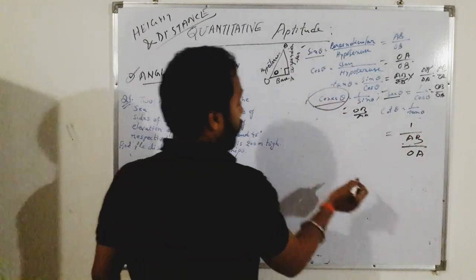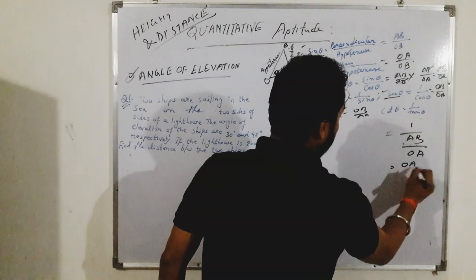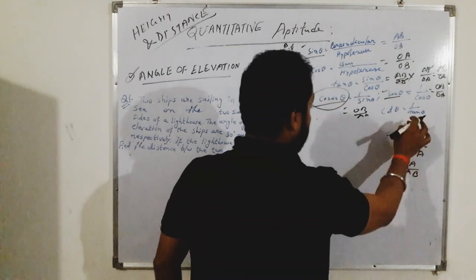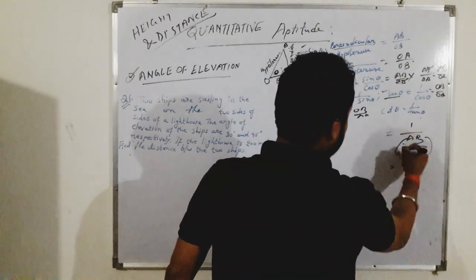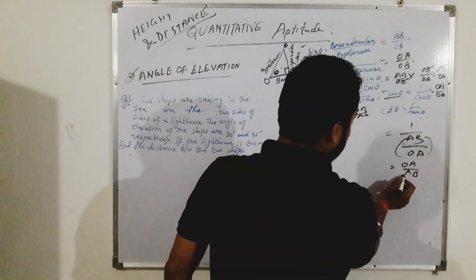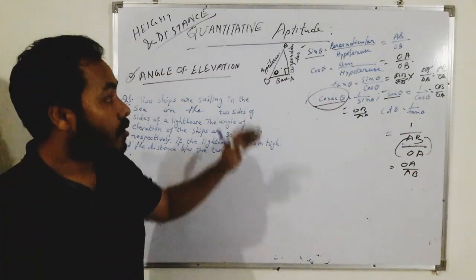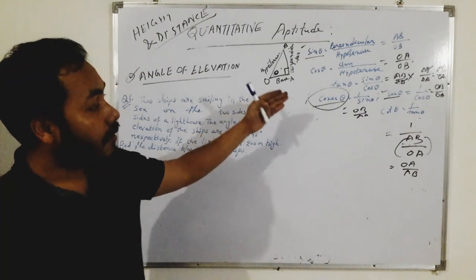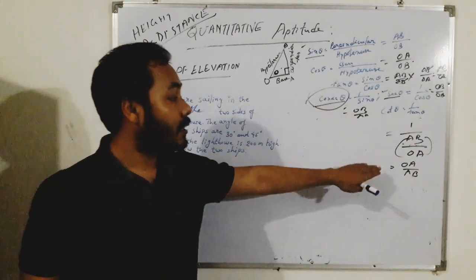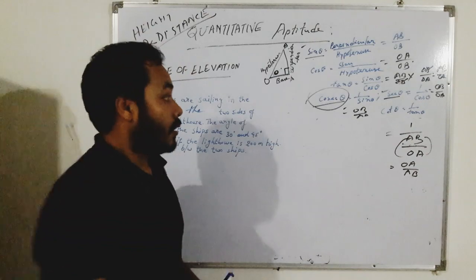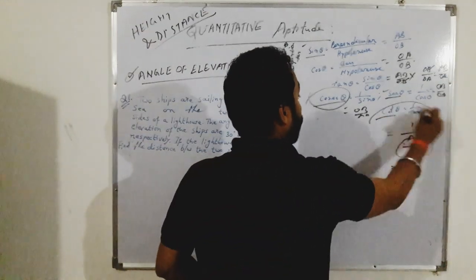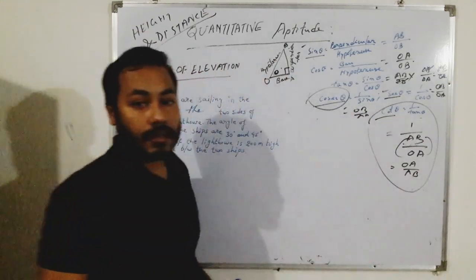Now OA by AB, because this is 1 divided by this one. So this is our cot theta. Clear? So sin theta, cos theta, tan theta, then cosec theta, sec theta, and cot theta. These things we have got enough knowledge on.